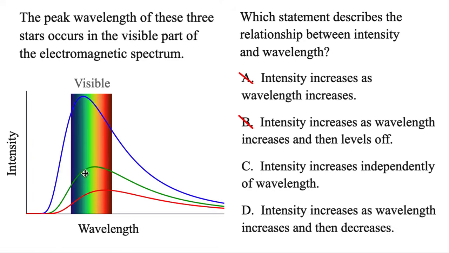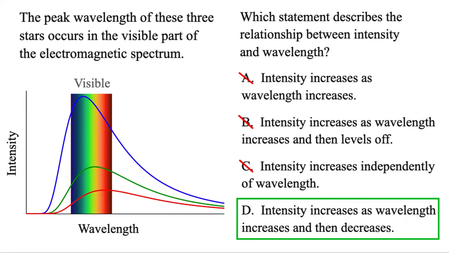But there's definitely a relationship happening. So C, that's out. But then finally, intensity increases as wavelength increases and then decreases. Well, essentially, intensity increases and it decreases. So that's got the full story, and that's what we're looking for here.